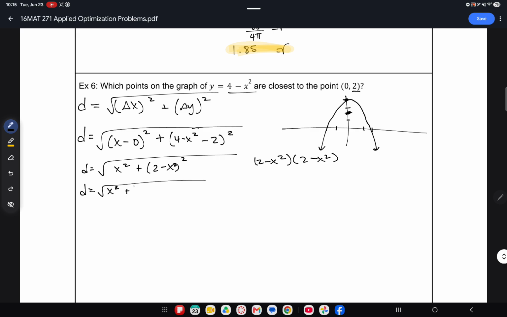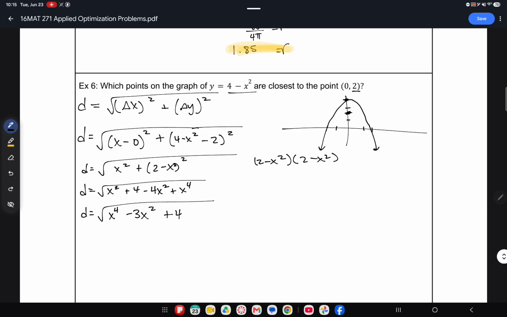So let's see, 2 times 2 is 4. And then I'd have negative 2, negative 2. So negative 4x squared. And then a positive x to the 4th. And then let's go even further and put in standard form. So x to the 4th minus 3x squared plus 4. Now I want to minimize this.